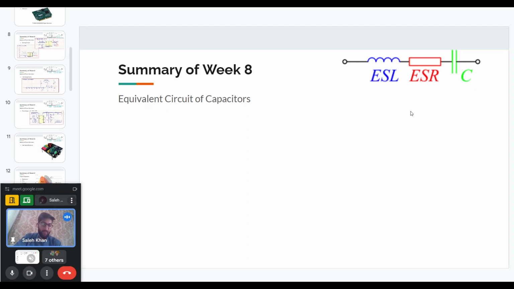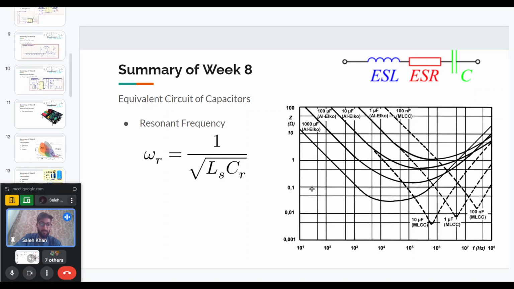And then you can see, if we ignore the resistance, we can actually see the impedance of this whole arrangement, and we will have a resonant frequency. At this resonant frequency, the inductive reactance will be equal to the capacitive reactance.